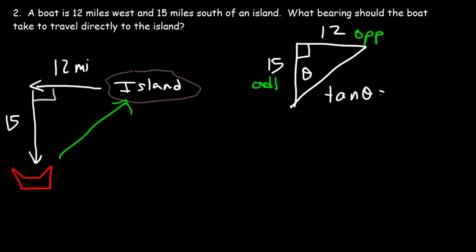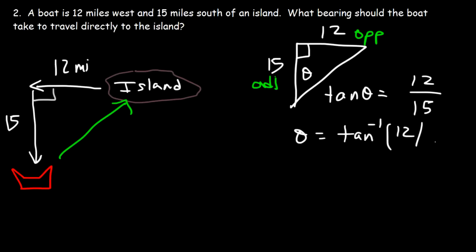Tangent theta is equal to the opposite side divided by the adjacent side. So the angle theta is going to be the arctangent of 12 divided by 15. And you should get an angle of 38.7 degrees, which is this angle.